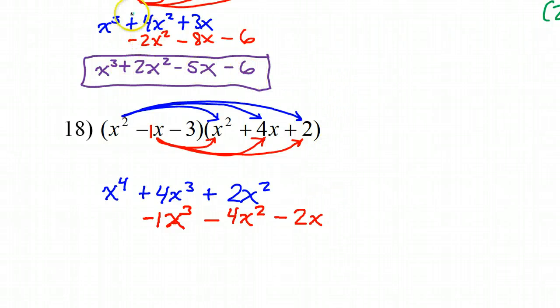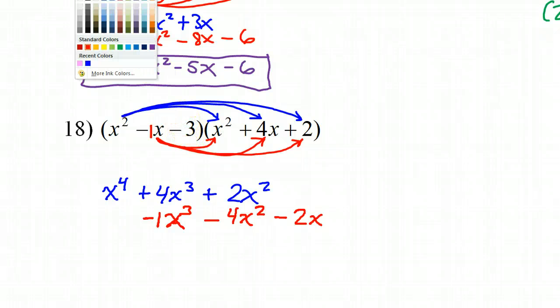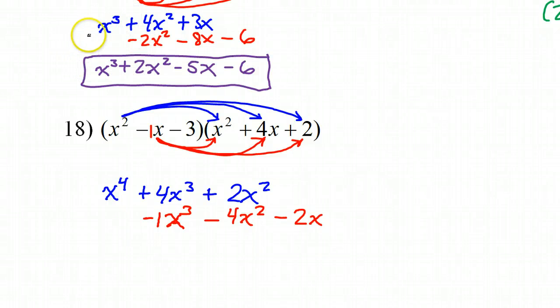Now I still have to distribute this negative 3. I think I'll use gray. If I distribute the negative 3, I'm doing negative 3 times x squared, negative 3 times 4x, and negative 3 times 2.